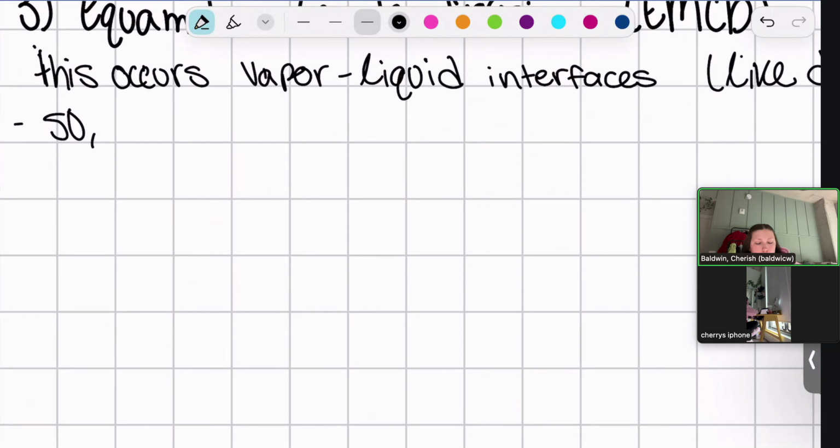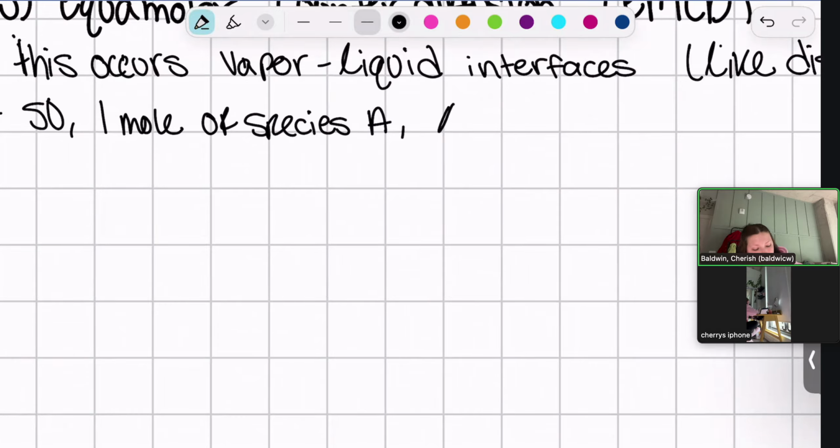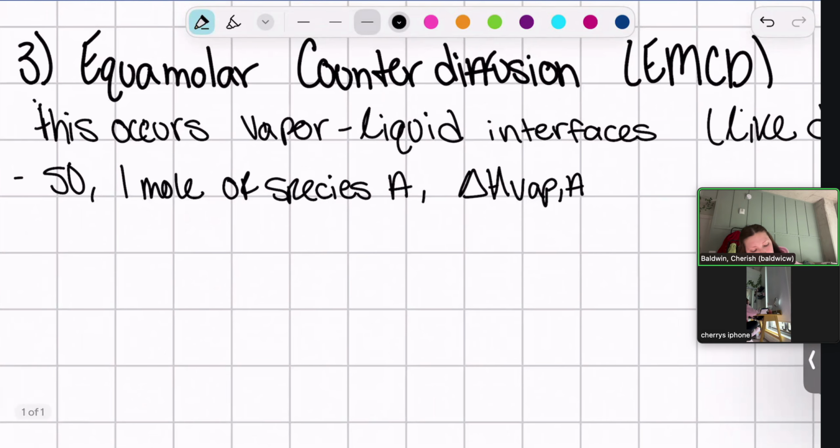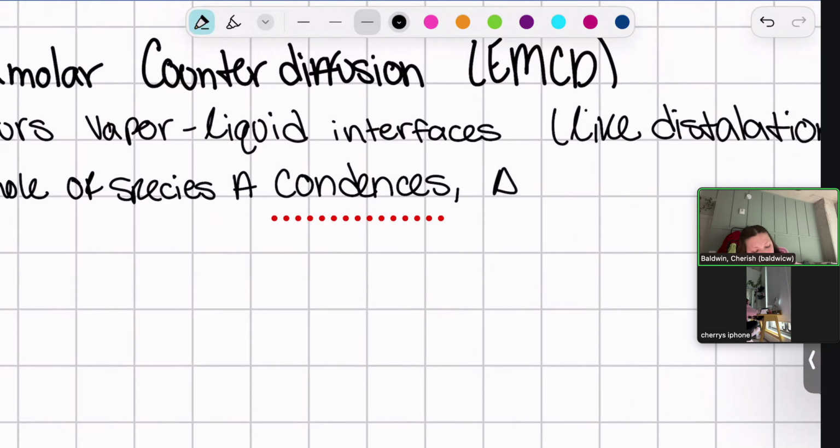When 1 mole of species A is condensed, it releases energy equal to the molar enthalpy of vaporization of A.